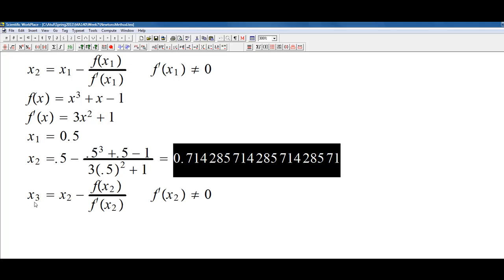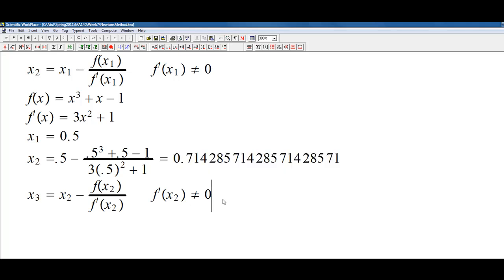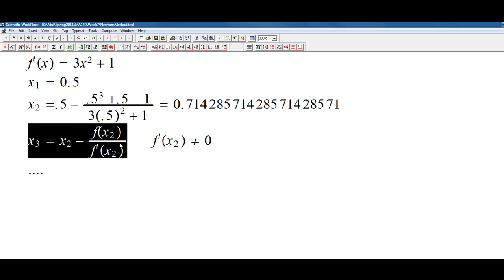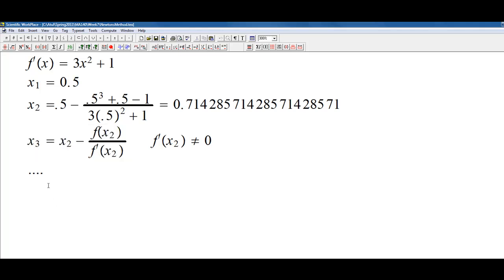Okay, and in general for Newton's method, you can continue the process as long as this quantity is not equal to 0 anywhere, and obtain this iterative rule.